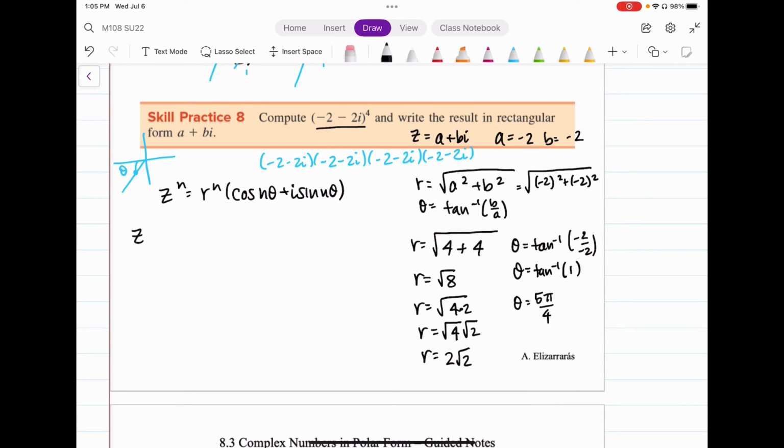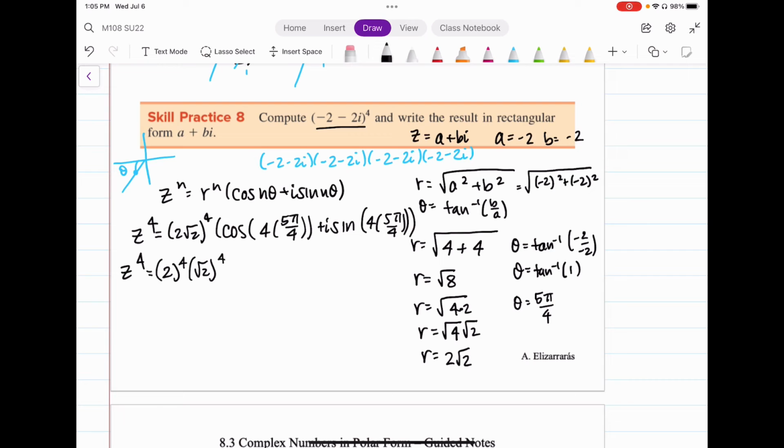So z to the fourth is equal to r to the fourth times the cosine of 4 times theta, which is 5 pi over 4, plus i sine of 4 times 5 pi over 4. 2√2 to the fourth is the same thing as 2 to the fourth times √2 to the fourth.